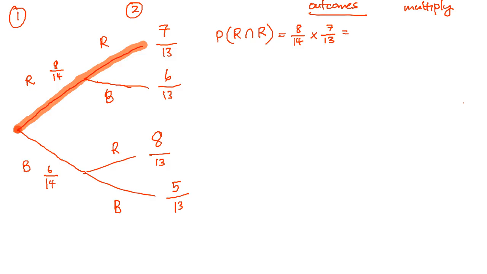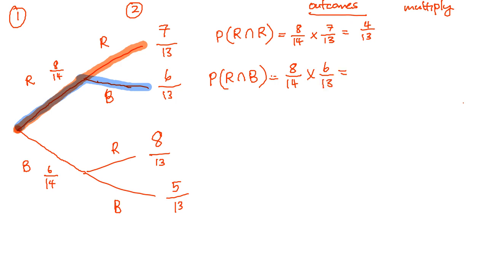Then the next one, and I'm going to do this in a different color, is red the first time and blue the second time. So that was the probability of red first, and then blue. So again, multiply their fractions, 8 over 14 times 6 over 13, and that is 24 over 91.